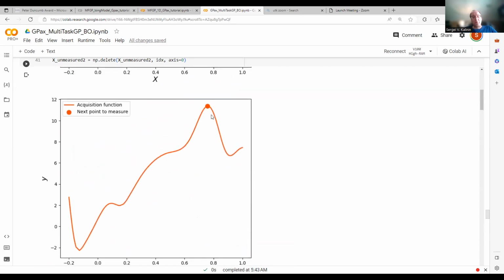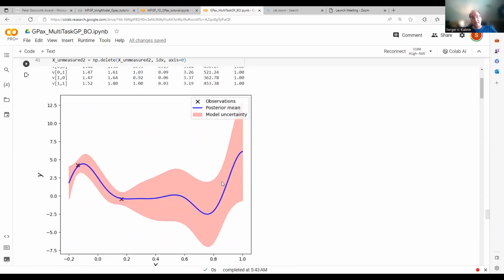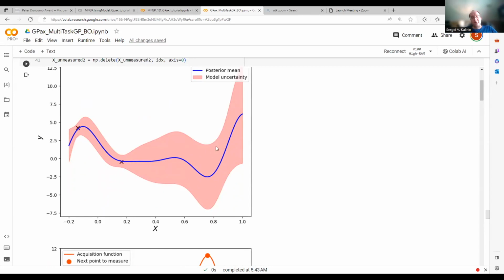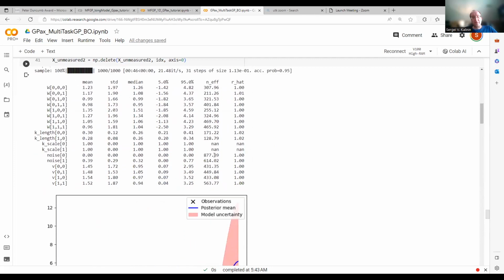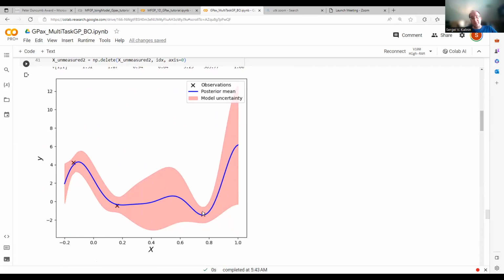So we calculate our acquisition function. As can be expected, the acquisition function is maximum here. So we have a hybrid exploration-exploitation strategy. So this is our place where we have the maximum of the acquisition function. We take the next measurement.